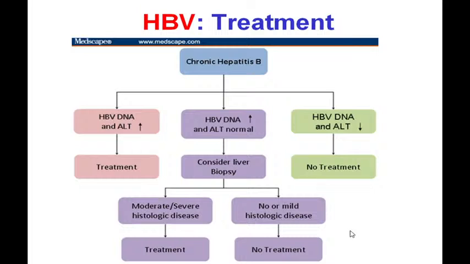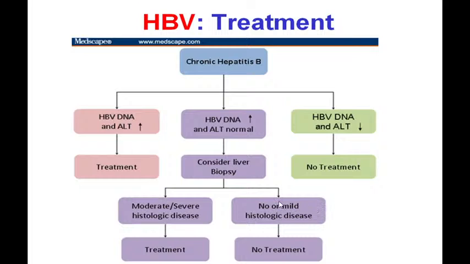And there are several possibilities. Treatment is supposed to be performed when the amount of viral DNA is very high and ALT is normal, and the liver biopsy shows moderate or severe histological damage; then we perform treatment.